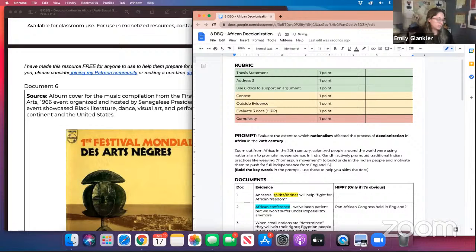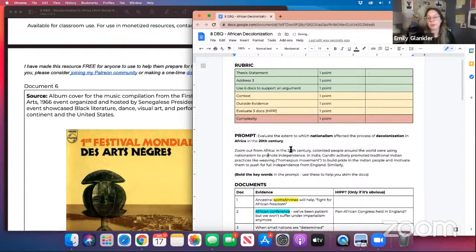Then you could say, similarly, and then move into your thesis statement. So that's how you could zoom out and contextualize Africa. So I'm going to zoom out from Africa.